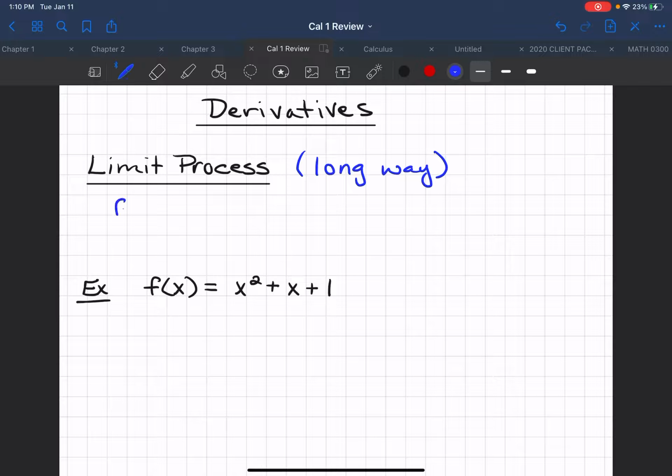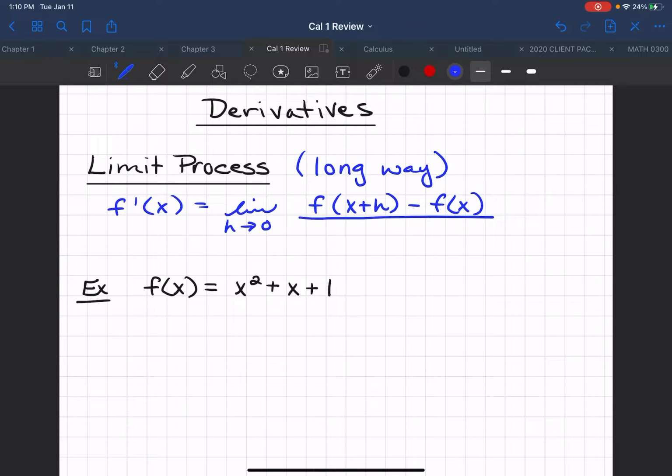So we're going to start with the limit process, where the derivative of f of x equals the limit as h approaches 0 of f of x plus h minus f of x, all over h. Now I'm using h here.